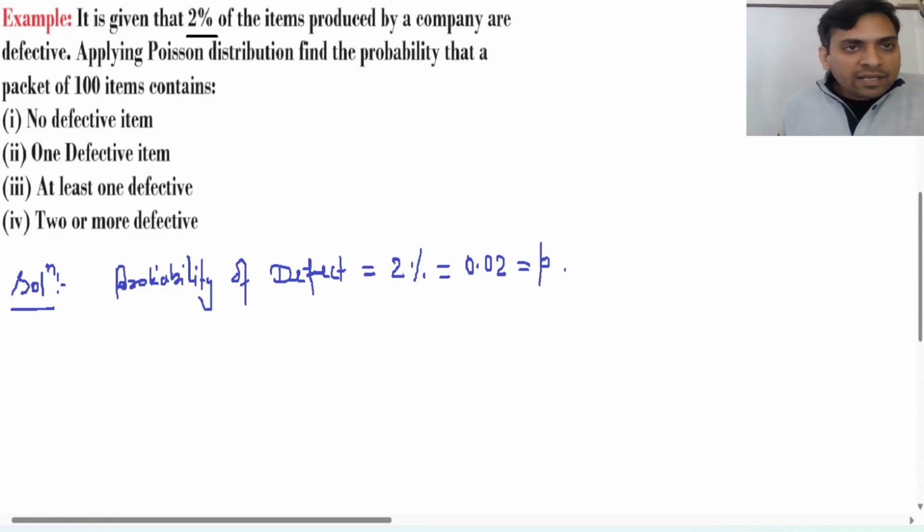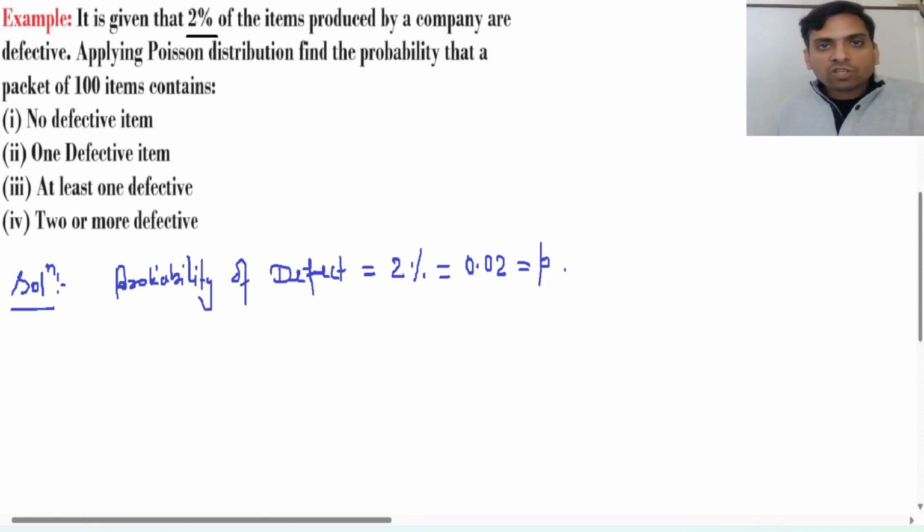Now the next line: applying Poisson distribution, directly given. We need to apply Poisson distribution. Sometimes this line is not given. There may be cases where mean and variance are equal, or if the mean and variance of data are equal, then find the probability of something. So in this case it is already given that this is Poisson distribution.